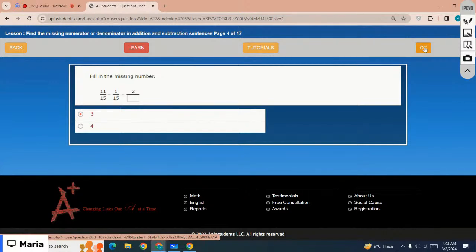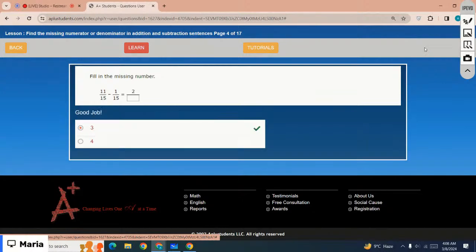So 5 times 2 is 10 and 5 times 3 is 15. So the correct option is 3.